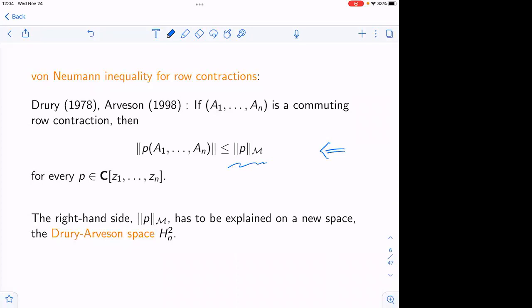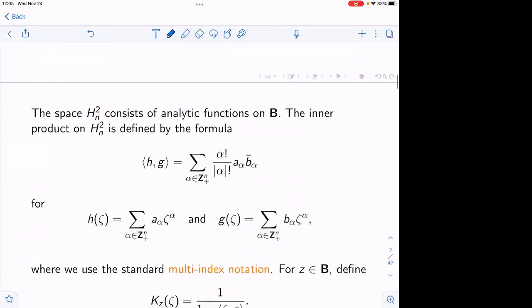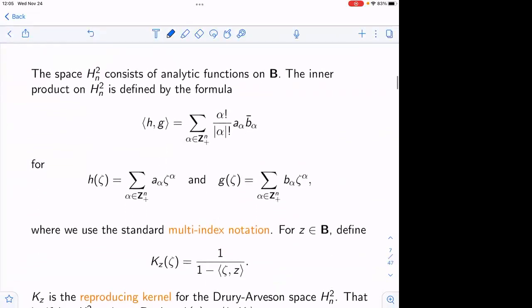Well, this turns out to be what's called a multiplier norm on the Drury-Arveson space. Nowadays, if you write a paper and start introducing the Drury-Arveson space, quite often you just go with the most convenient definition.